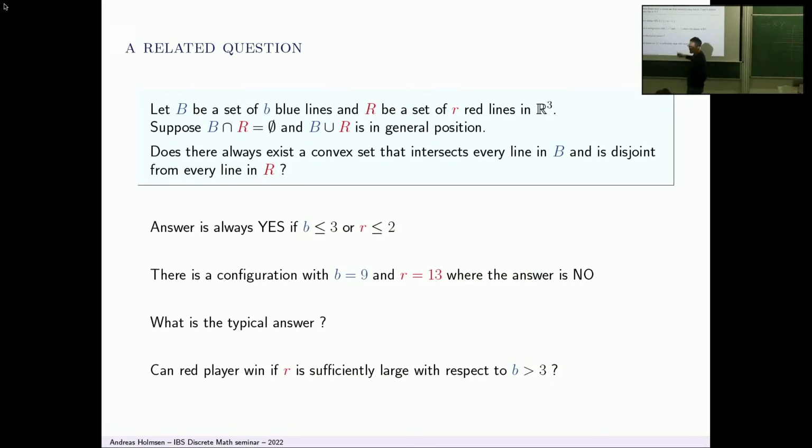You can think of it as a game. Blue player plays his blue lines, red player plays his, then red player tries to shoot all the convex sets spanned by the blue lines. Is it true that if you start with some B greater than 3, say B is 10, and the red player has sufficiently many lines, say 2 million, can they always win the game and kill them all?